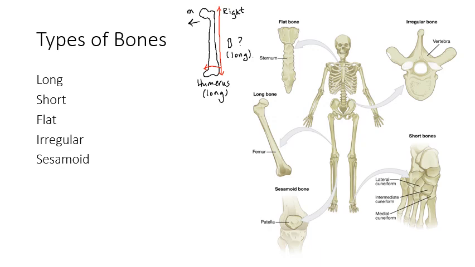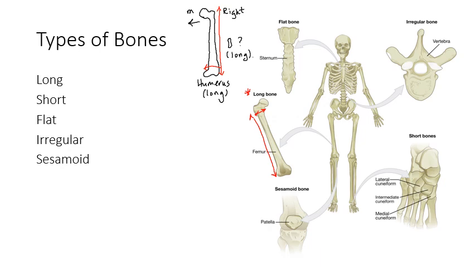Let's go to long bone because we're working with that already. So I'm going to highlight that here with an asterisk. Our long bone, femur, great example of a long bone. We're seeing that width isn't as great as the length. That's a long bone. In contrast to that long bone, we have a short bone, and a short bone is defined again by that relationship.